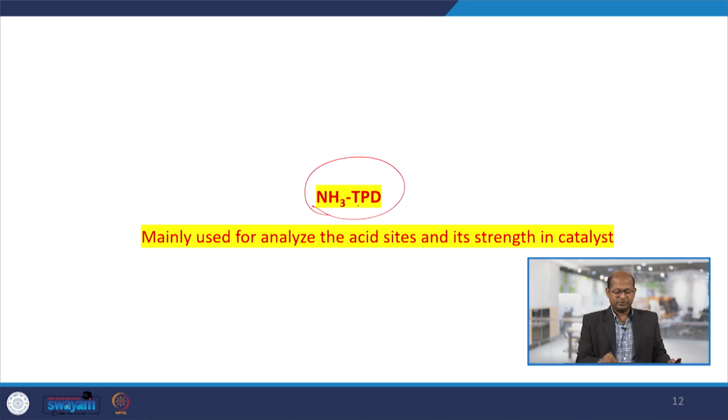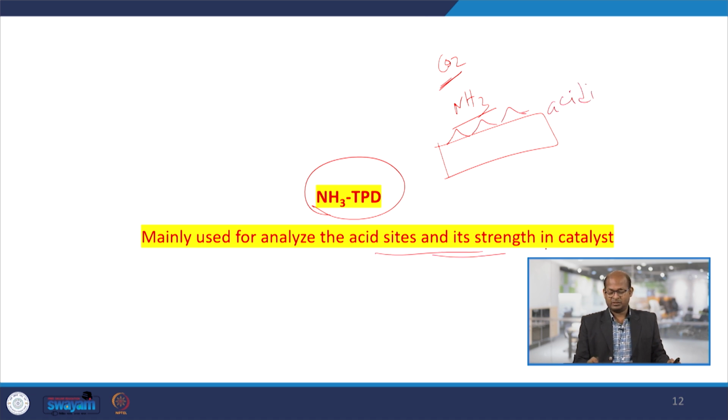Next is ammonia TPD, like CO2 TPD. CO2 was the acidic gas, and it gives the basic sites in the catalyst. Ammonia is basic in nature, so it would adsorb over the sites of the catalyst where acidic sites are available.